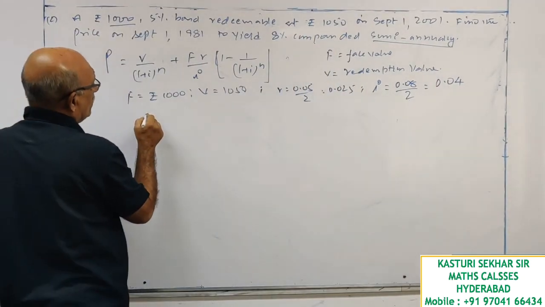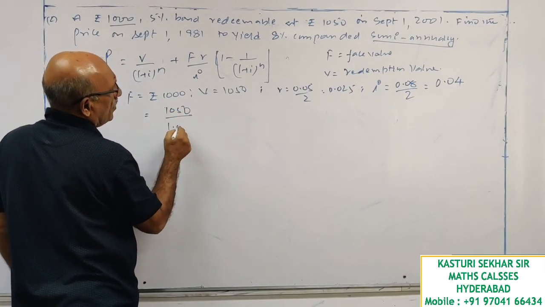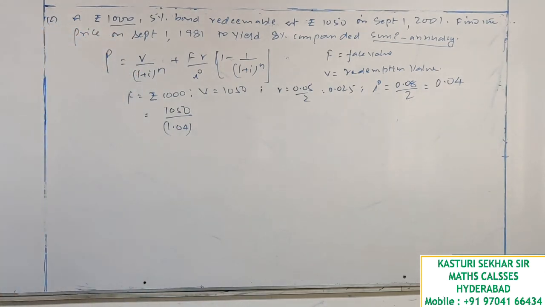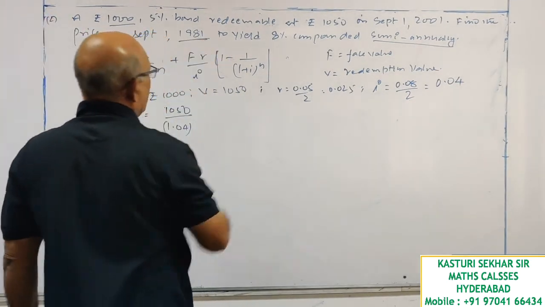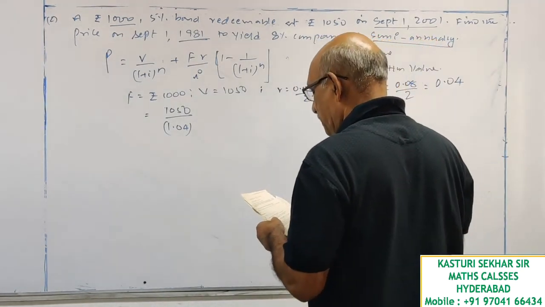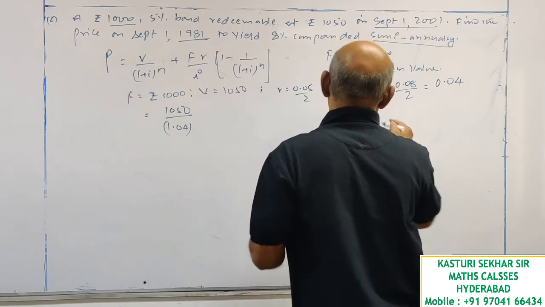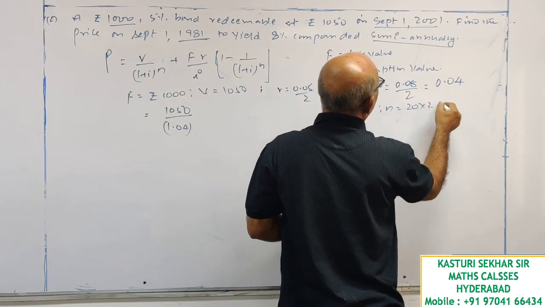Now let me substitute the values. 1050 divided by 1.04. Time also we have to calculate. From 1st September 1981 to 1st September 2001 you have to calculate. Here it is 20 years. Time is equal to 20. N is equal to 20 into 2, 40.